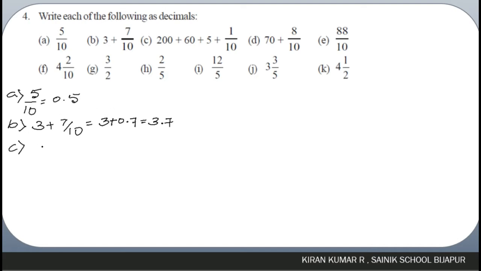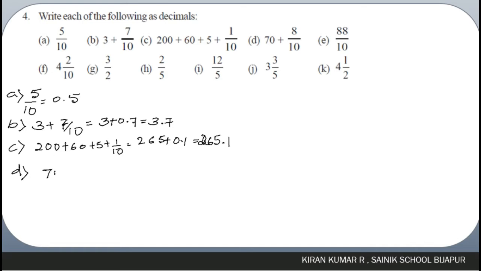Third one is 200 plus 60 plus 5 plus 1 by 10, which is 265 plus 0.1, so it is 265.1.